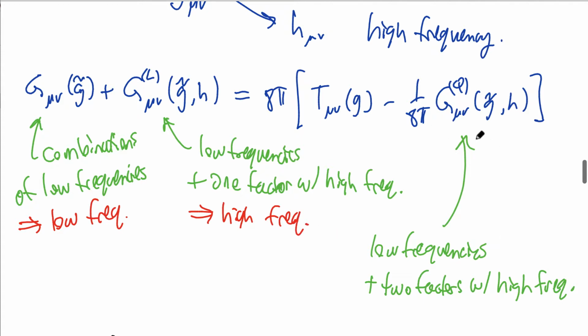The quadratic terms in H have two factors of high frequencies in each term, so they can give us both low and high frequencies. And of course, the matter terms, depending on their details, could give us low or high frequencies.